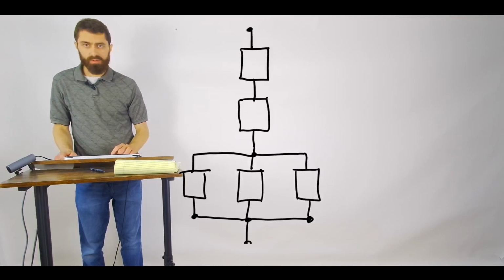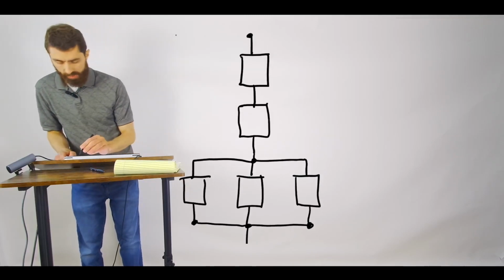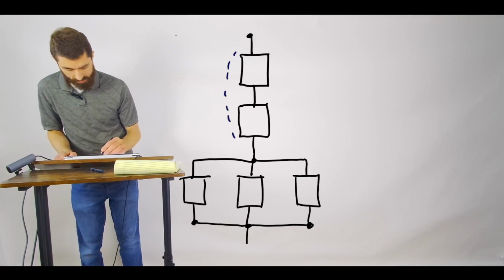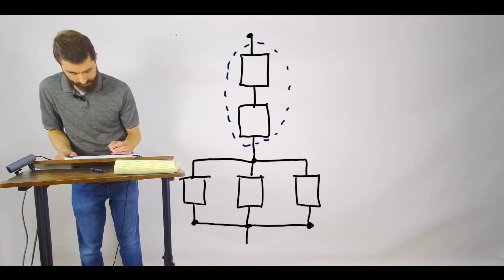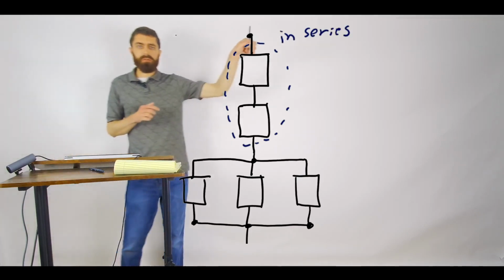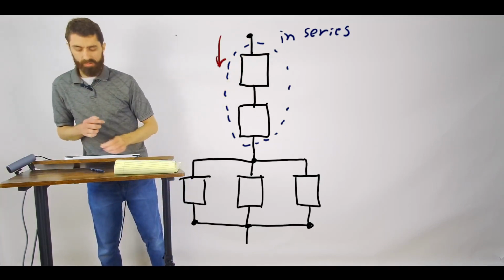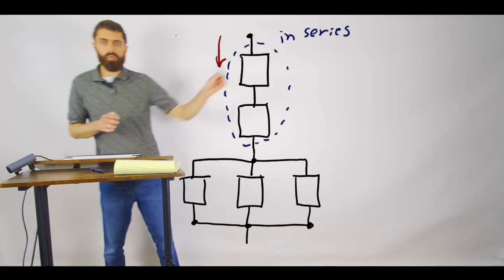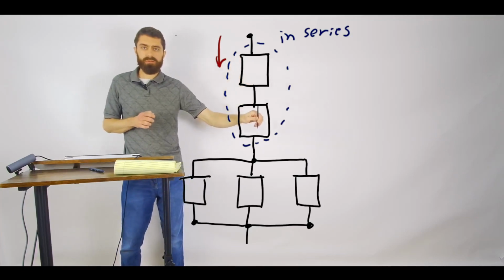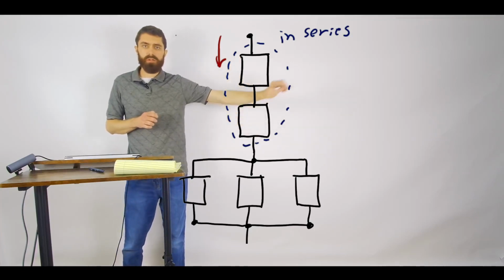So we can see that these right here are in series. The current flowing through here will go through one of the components and then through the other one. Same current. It doesn't go off anywhere else.